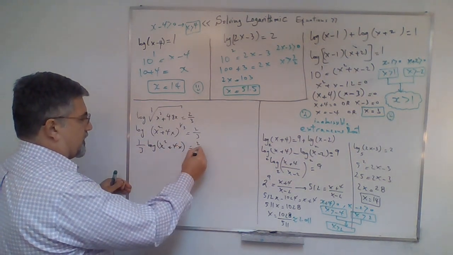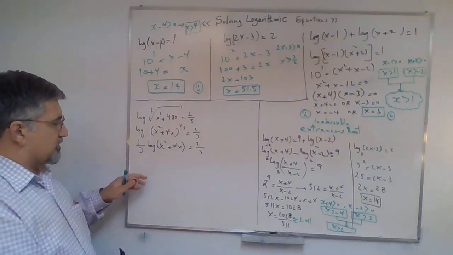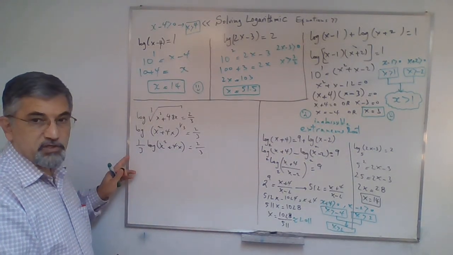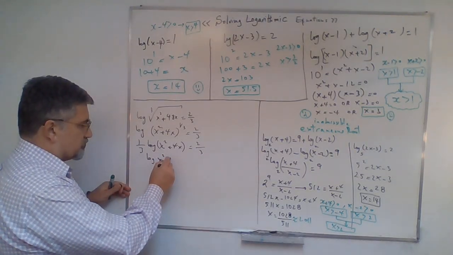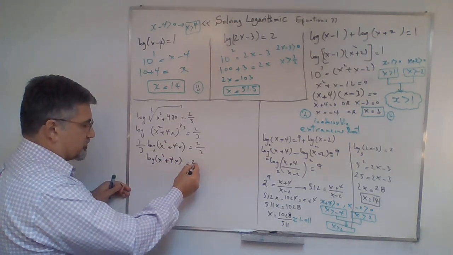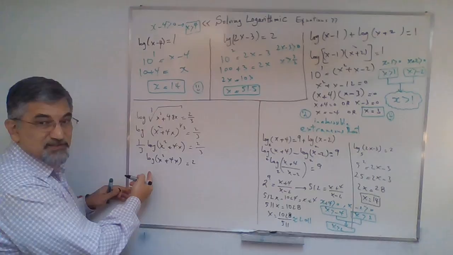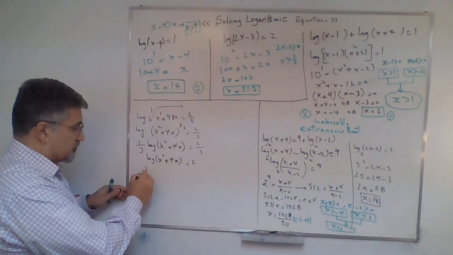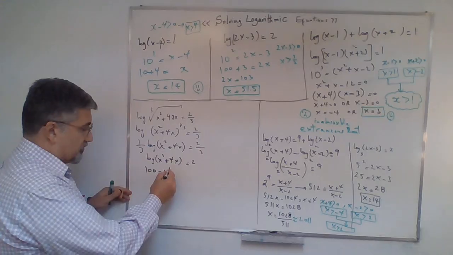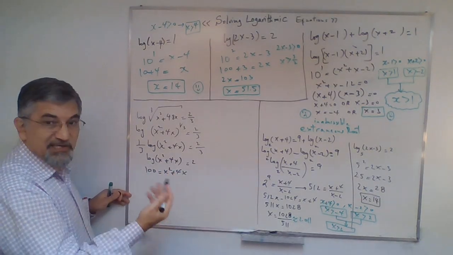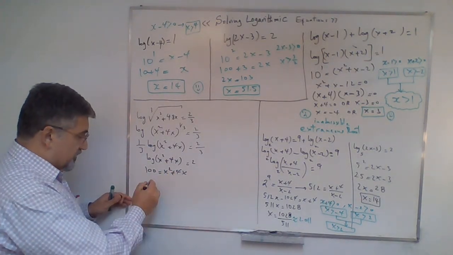If you multiply both sides of the equation by 3, you get rid of the fractions on either side, so you get log of x squared plus 4x equals 2, but then the base is 10. This is a common logarithm, so 10 squared is 100, and that is equal to x squared plus 4x. Again, we ended up with a quadratic equation.